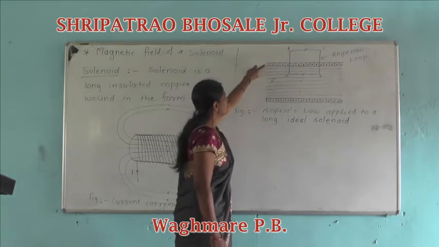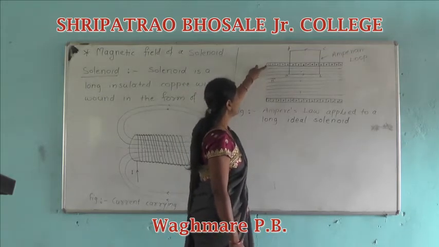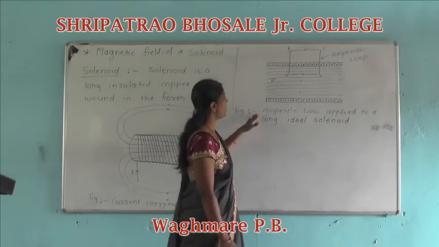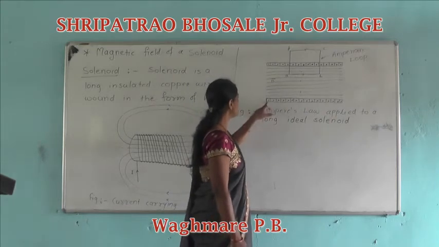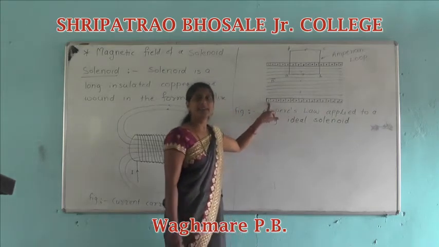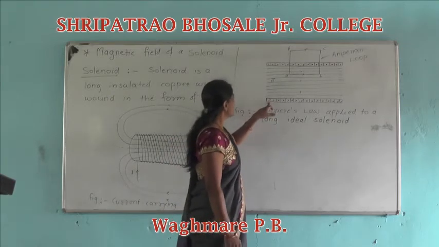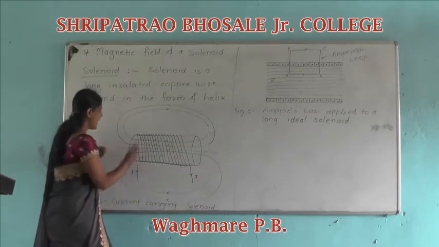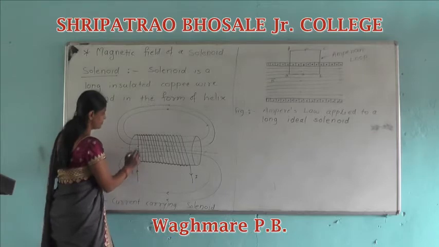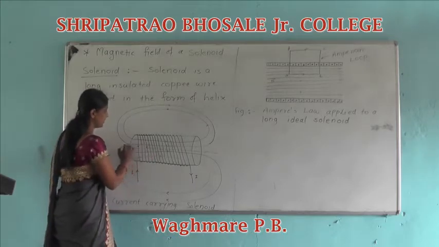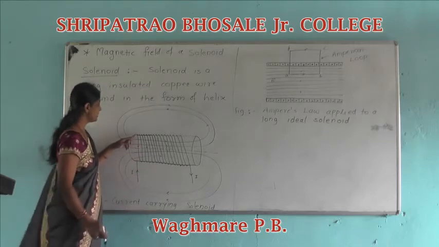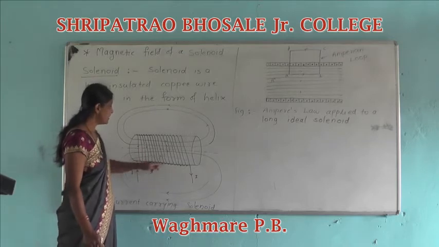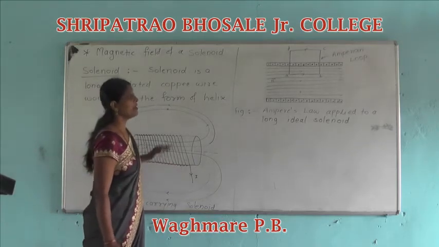This dot indicates that the current is coming out of the plane of paper, and this cross symbol indicates that the current is going into the plane of paper. This is the direction of current. We can observe this direction, and say that here the current is coming out of the plane of paper, and here the current is going into the plane of paper.